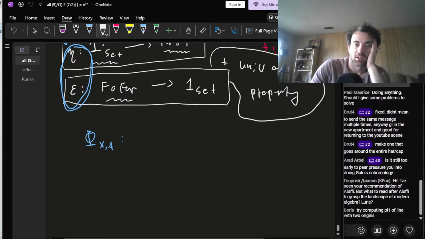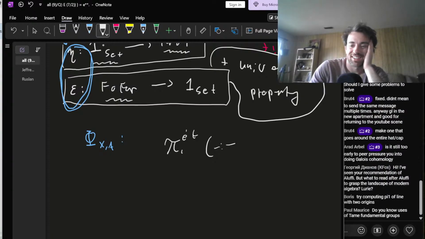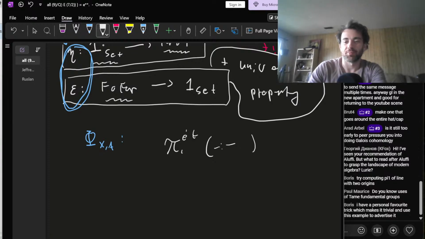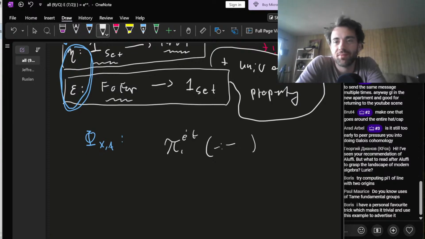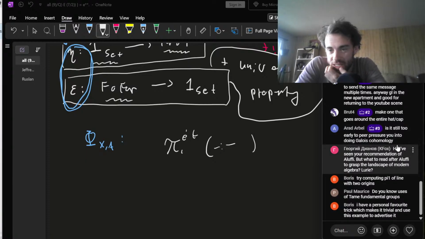Okay. Pi 1. What's the notation for the line with two origins? I don't know. Just draw that. Yeah, I don't know how to compute this either, though. It'd probably be better if I just opened up a Galois cohomology document and tried to compute it.